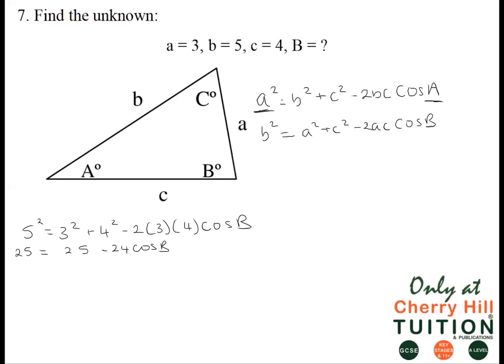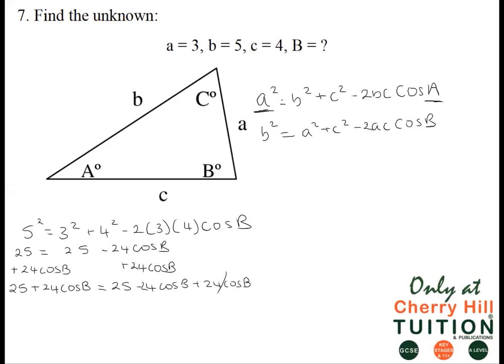And because we need the cos b to be positive, we can add 24 cos b to both sides, leaving us with 25 plus 24 cos of b, which is equal to 25 minus 24 cos b plus 24 cos b.